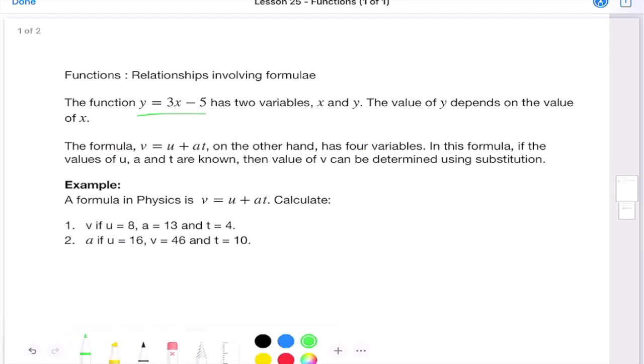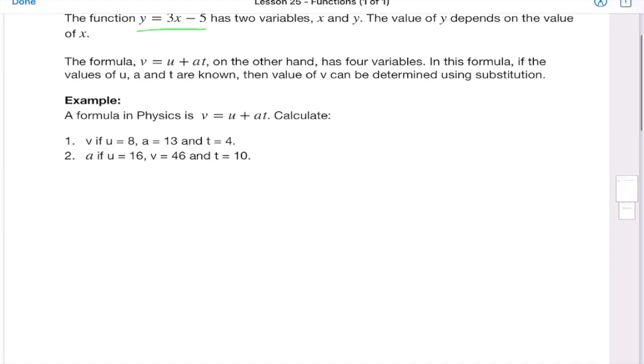Let us look at this one together. v is equal to u plus at. What is the value of v, given that u is equal to 8 and a is equal to 13 and t is equal to 4? So we're just going to substitute into that formula. v equals u plus at.